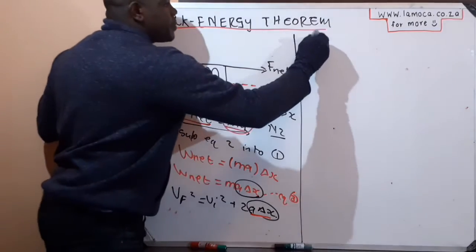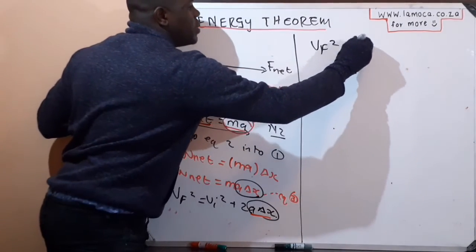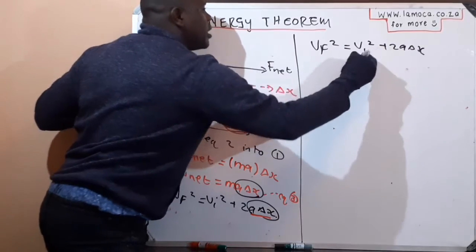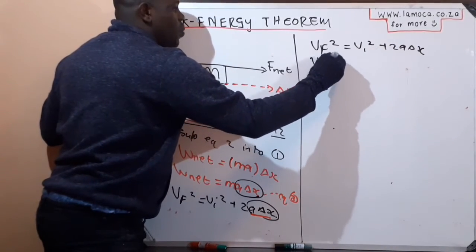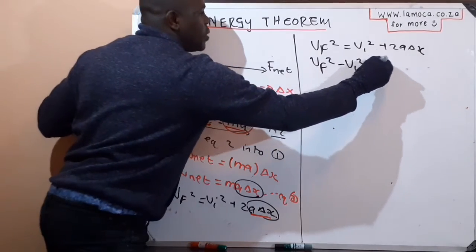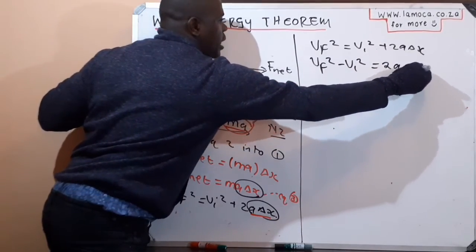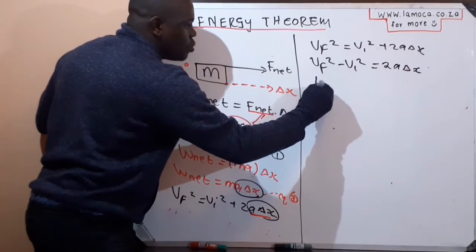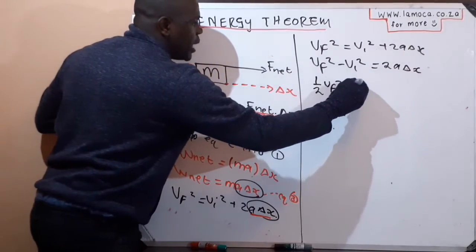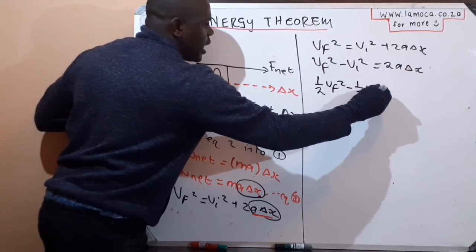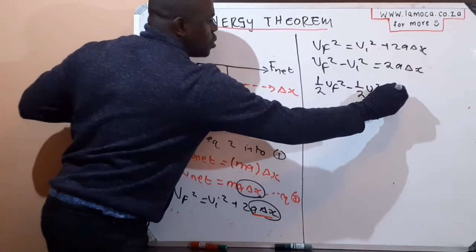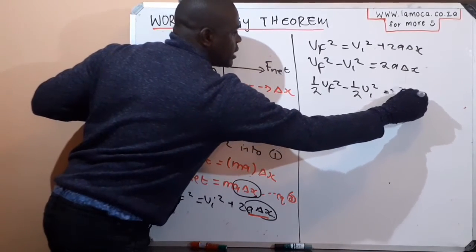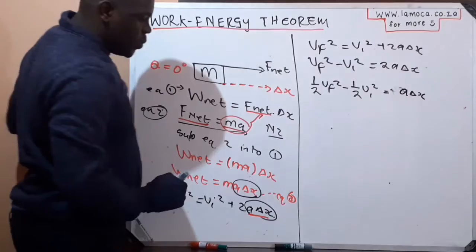Let's do that. Vf squared is equal to Vi squared plus 2a delta X. Now if I transpose, I'll have Vf squared minus Vi squared is equal to 2a delta X. Now if I divide everything by 2, I will have 1 over 2 Vf squared minus 1 over 2 Vi squared, which is equal to a delta X. That's gonna be my equation 4.